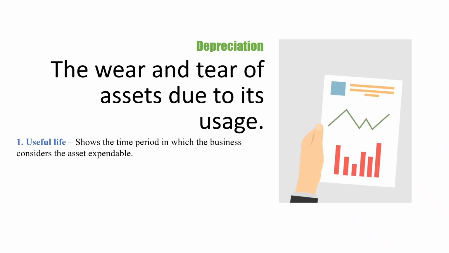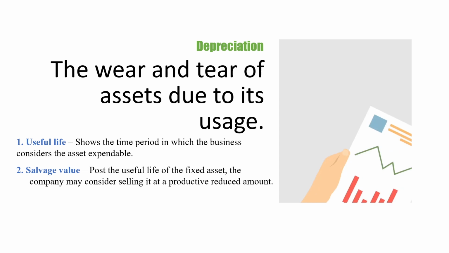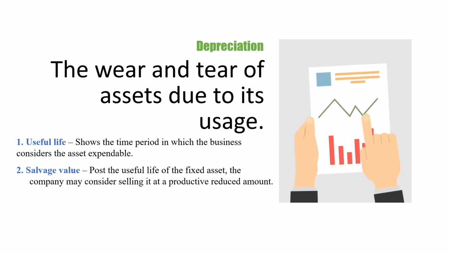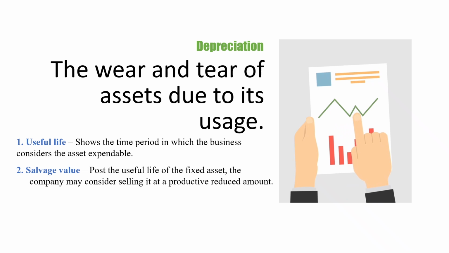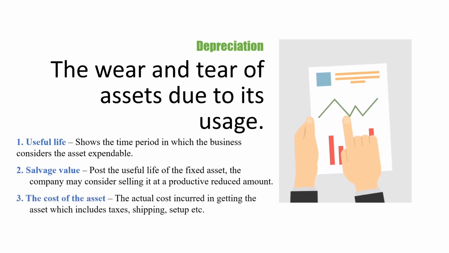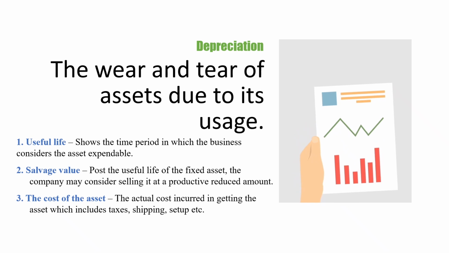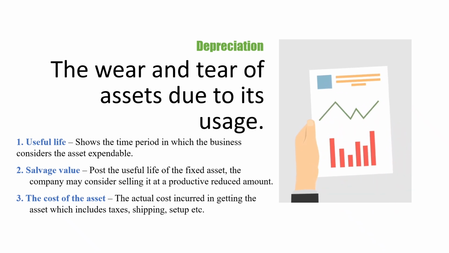Useful life shows the time period in which the business considers the asset expendable. 2. Salvage value. After the useful life of the fixed asset, the company may consider selling it at a reduced amount. 3. The cost of the asset. The actual cost incurred in getting the asset, which includes taxes, shipping, setup, etc.